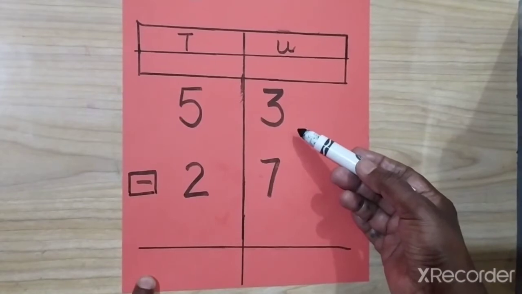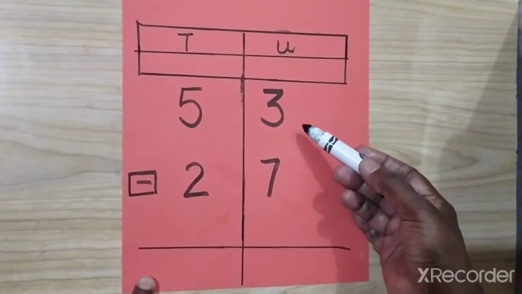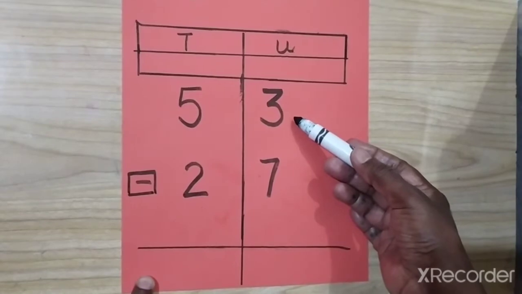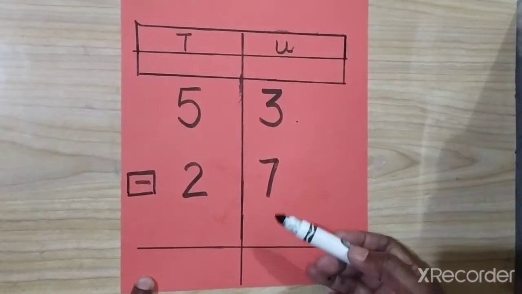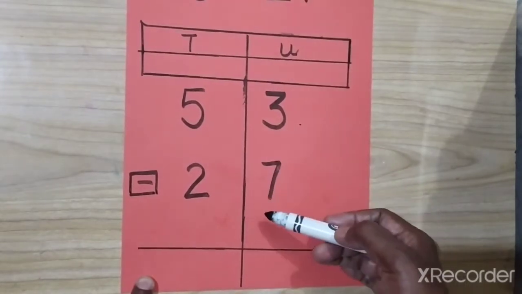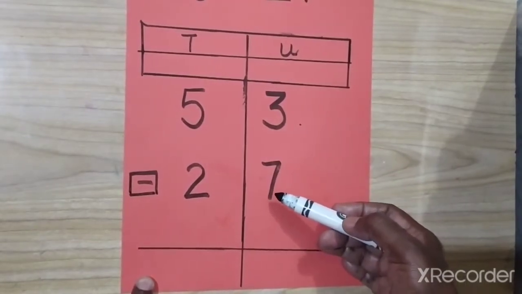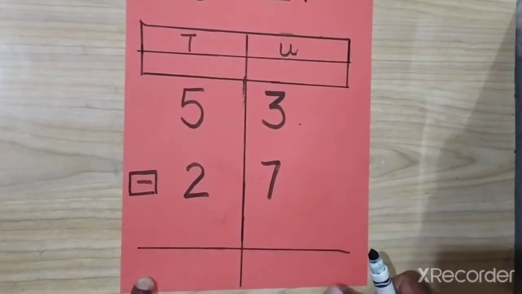If I have 3 rupees, can I give 7 rupees to the shopkeeper? No. That's because 3 is a smaller number. When I have only 3, how can I give away 7 from there? So when the number above is smaller, you cannot subtract. We cannot do 3 minus 7. So what will we do?